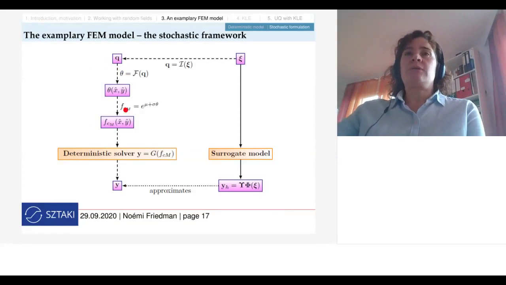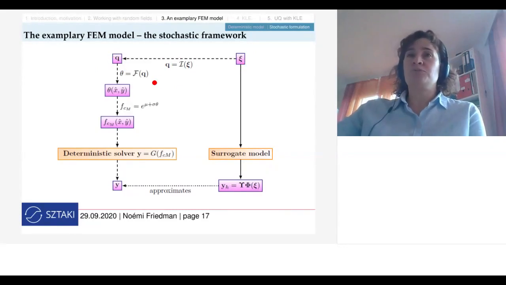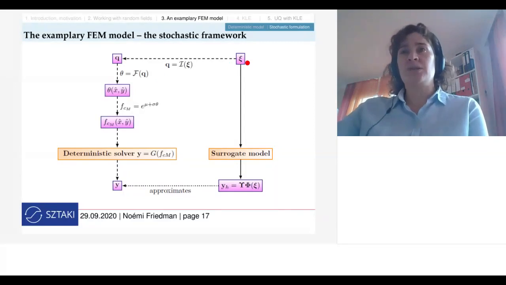And what I will do, I will not update directly this field because it's complicated to do so, but I will rather update this set of Gaussian random variables. So I will change this Q. I want to have a fixed coordinate system, and I will only change this map, which maps me from psi to Q. But I don't want to change psi itself. That's why I introduced it.